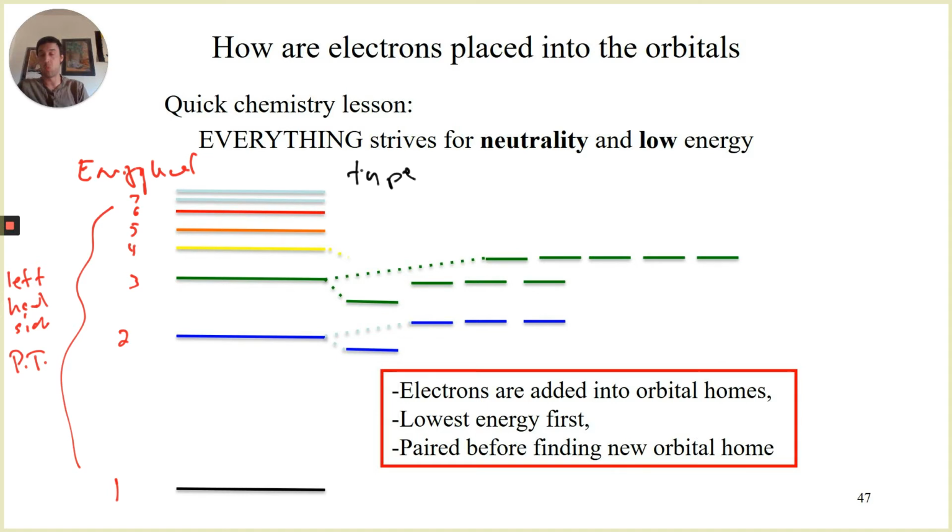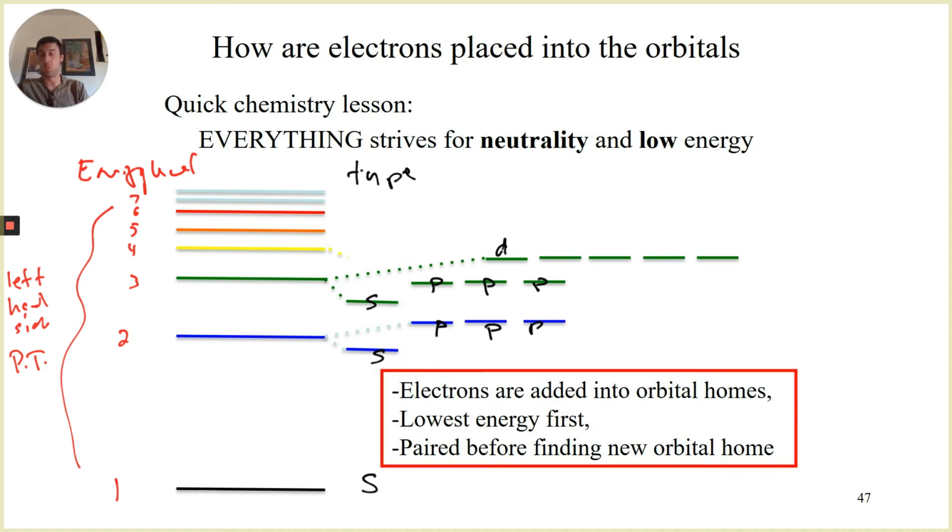That type of orbital starts with S. When we move up in energy, we gain a new type of orbital, which then moves to our P. We move up in energy, S, we repeat our P, and we move then to D, and we continue this so on and so forth.